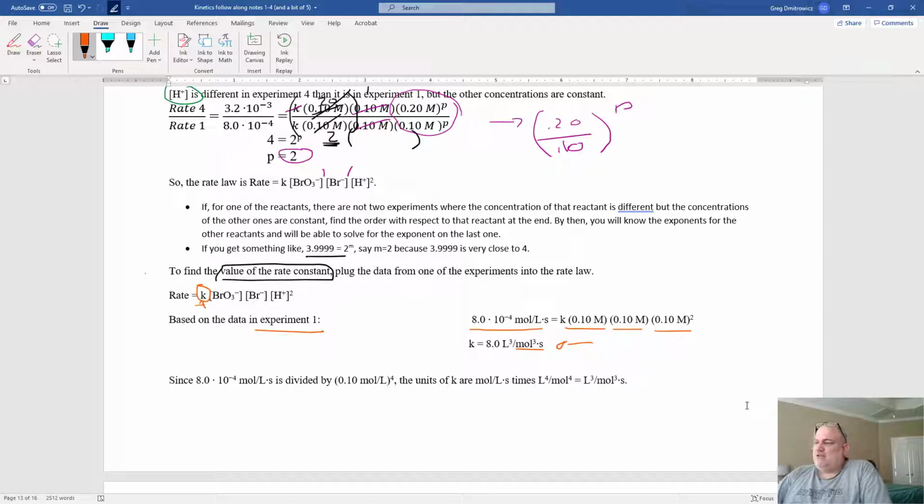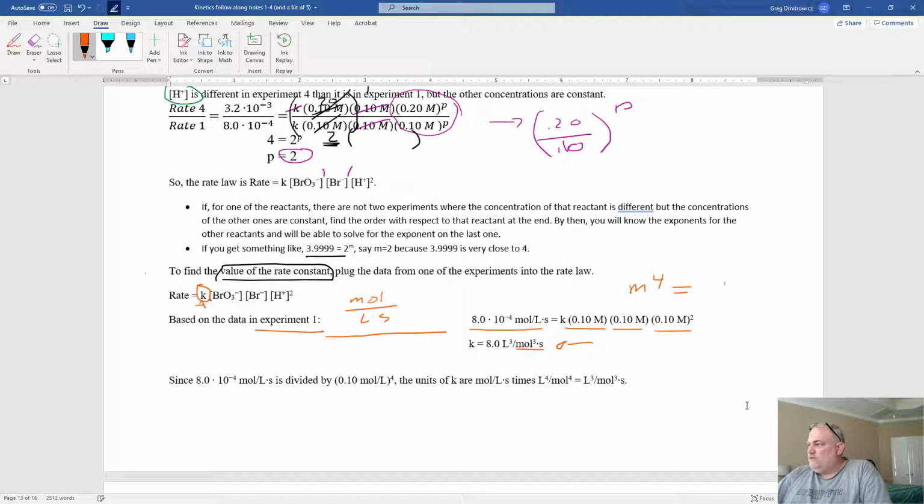Now, how is that possible? Well, for our rate, don't we have moles per liter seconds? Agreed? And then on the bottom, don't we have molar times molar times molar, and molar squared, sorry. So that gives you molar to the 4th, right?